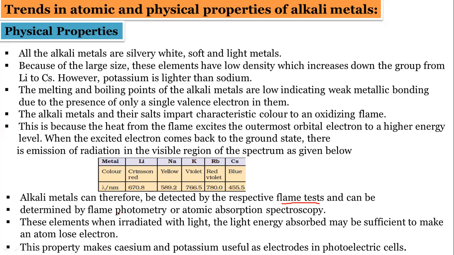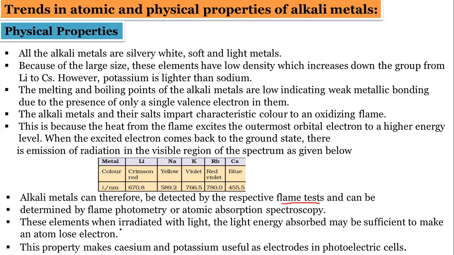This practical is not included for 11th standard or 12th standard, and these apparatus are very costly. Flame photometry and atomic absorption spectroscopy are very costly instruments. At the PG level, we can do this test or see this apparatus. Also, you can check on Google how flame photometry and atomic absorption spectroscopy function.